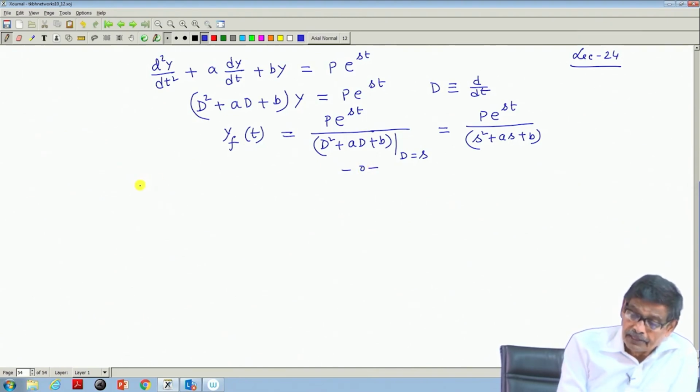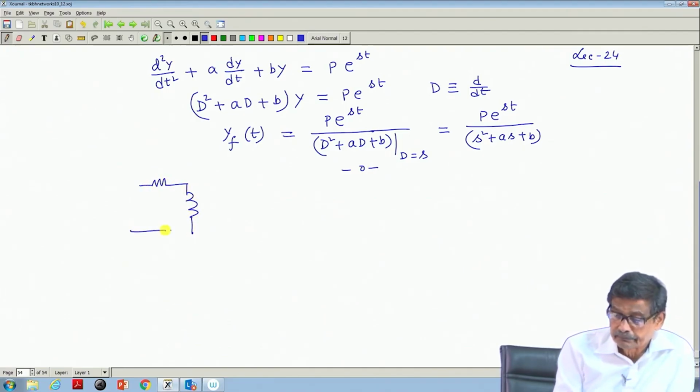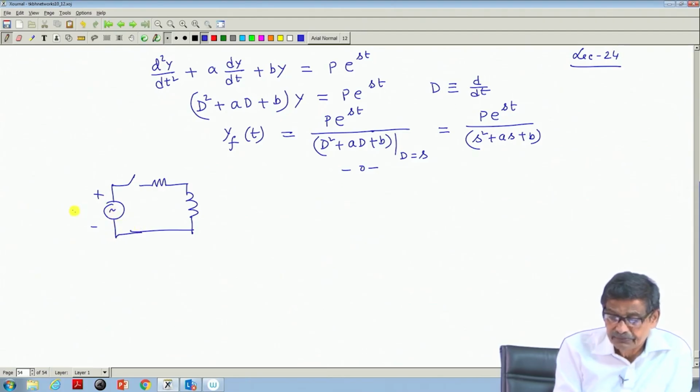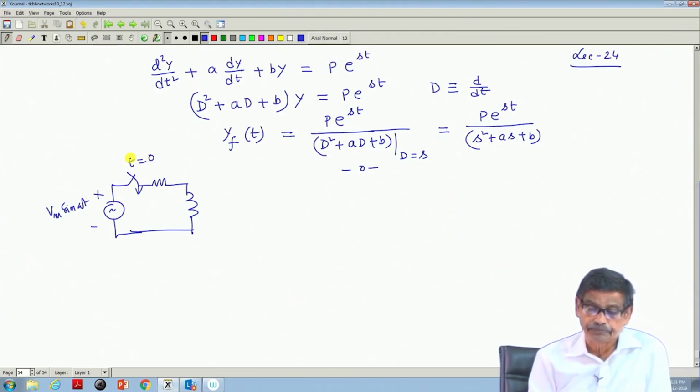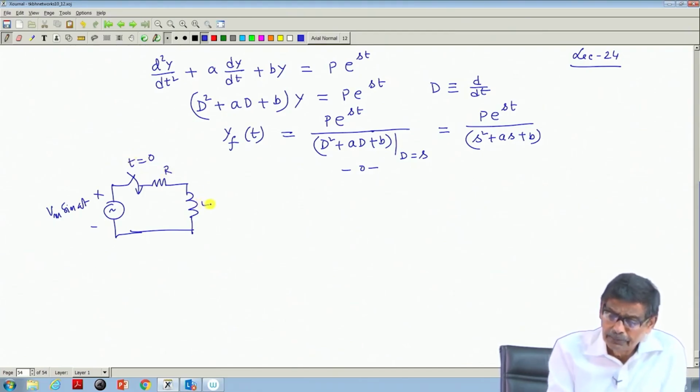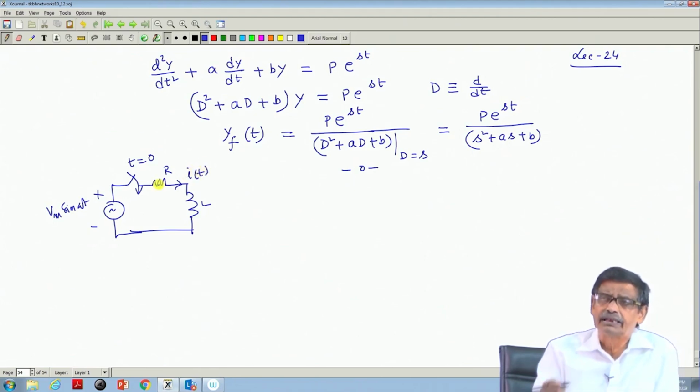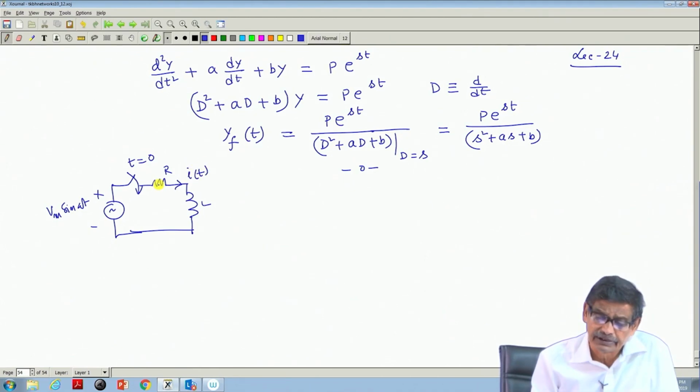For example, an RL circuit is there and you excite this with a sinusoidal voltage V m sin omega t. There is no exponential as such, and at t equal to 0 you close this switch. This we have done classically, finding out the constants k 1, k 2, etc. So, it is a first order differential equation.